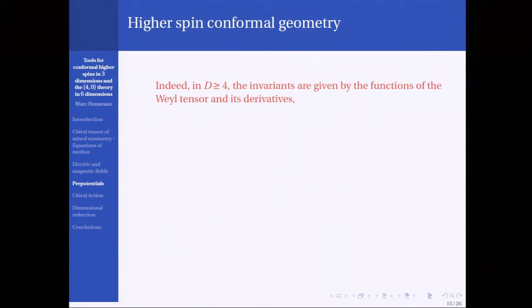We know that in more than 4 dimensions, you can construct conformal invariants out of the Weyl tensor and its derivatives. The Weyl tensor is defined from the Riemann tensor. The Riemann tensor is invariant under linearized diffeomorphisms, so that invariance is taken care of, but it's not invariant under Weyl rescaling.